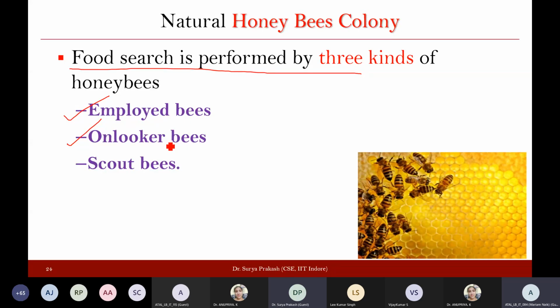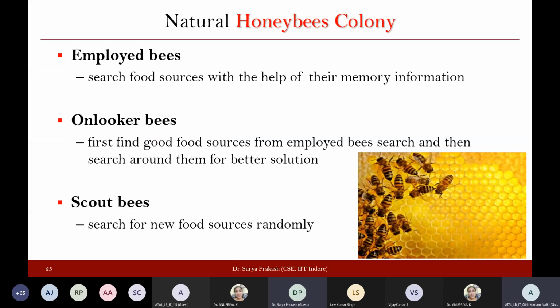Naturally we see that all the bees look the same, but when analyzed closely, we see that these bees are doing 3 different types of tasks, so we can say there are 3 types of bees: the employed bees, onlooker bees, and scout bees. Based on that you have the formulation here as well.